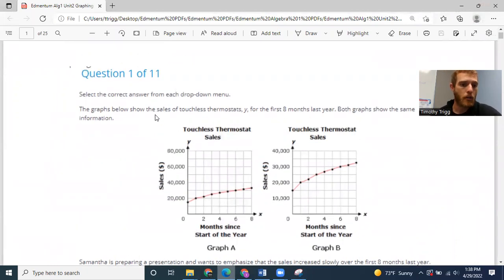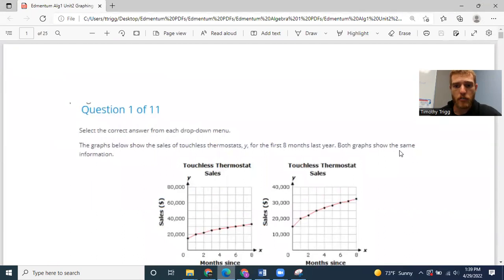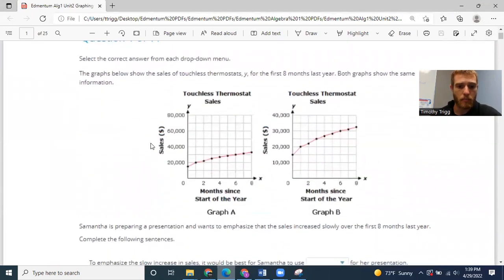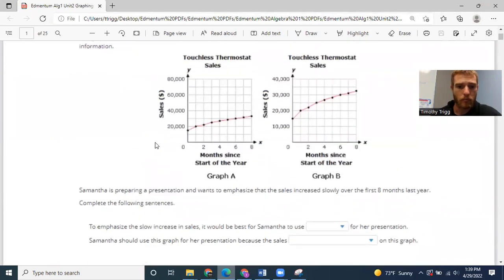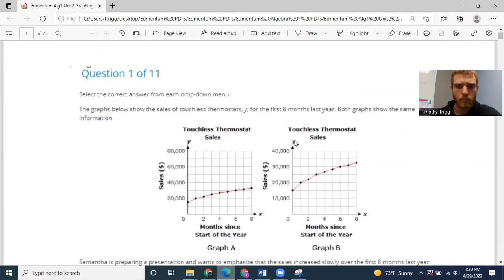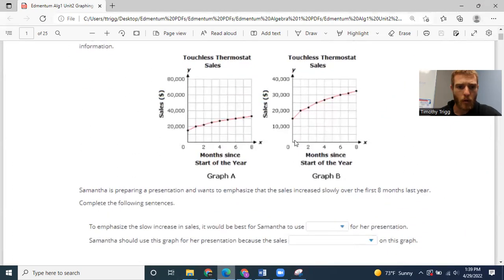All right. The graphs below show the sales of touchless thermostats for the first 8 months last year. Both graphs show the same information.